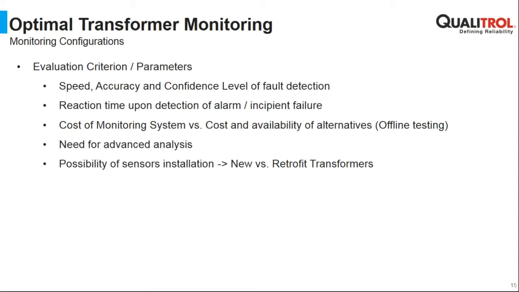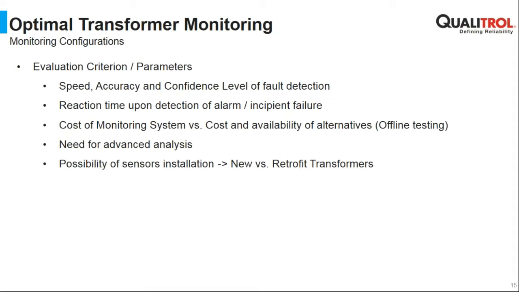Then a very interesting thing is also reaction time. For example, how much time I have until I have to do something. If you're looking at offline tests, then often between the offline tests there is a lot of time. So I should look for things which give me the time to react.